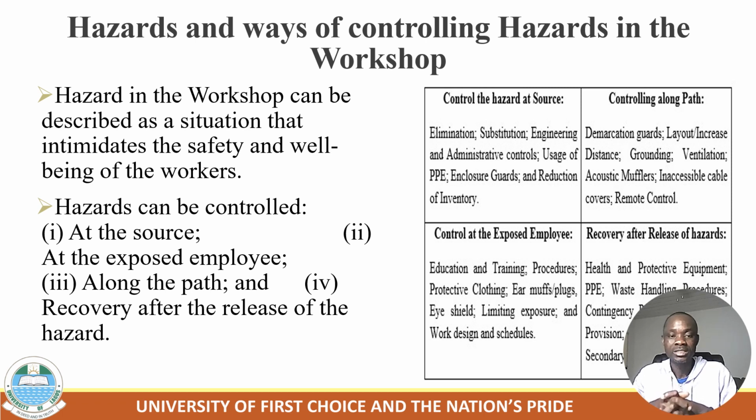That is a hazard. A hazard can be controlled, number one, at the source. It can be controlled at the exposed employee. It can be controlled along the path, and also it can be controlled by recovery after the release of the hazard. So there are four ways of controlling hazards in the workshop.